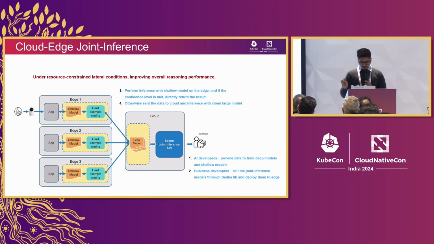This way we can reduce the latency, and if the confidence level is not met, it would be inferred in the cloud. So this is how we can find a fine balance between latency and accuracy or precision. Basically, the AI developers would provide data to train these models at the edge and the cloud, and then business developers would deploy them to the edge.